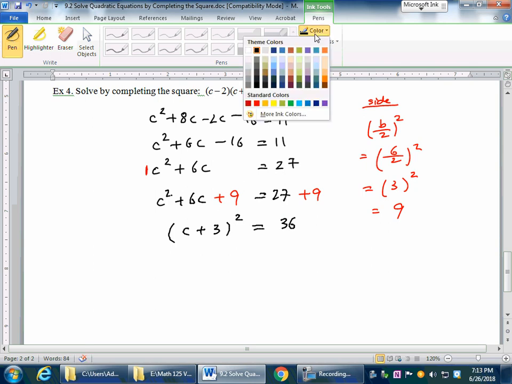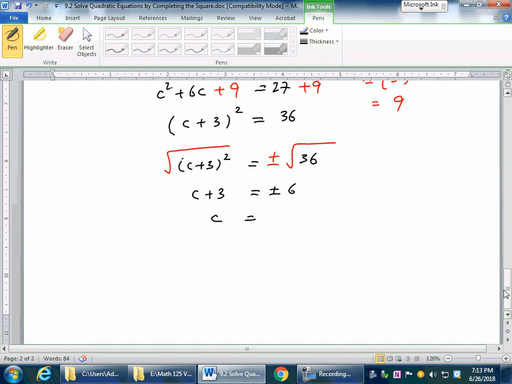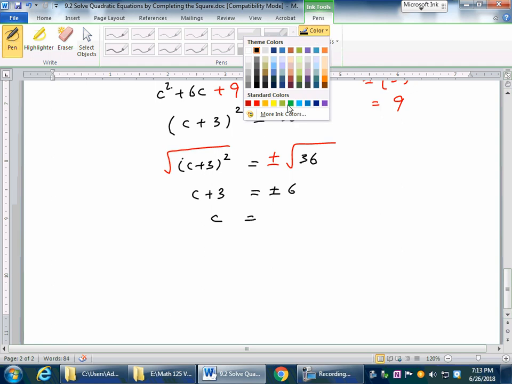Now we use the square root property to take the square root on both sides. Don't forget the plus or minus sign. So this will be c plus 3 squared equal to 36. So therefore, c plus 3 is equal to plus or minus 6. And I got my c by subtracting 3 from both sides.